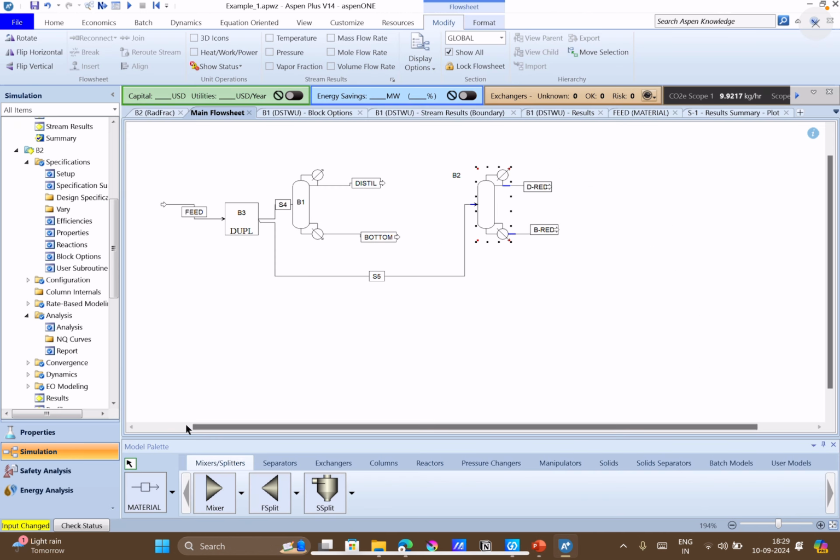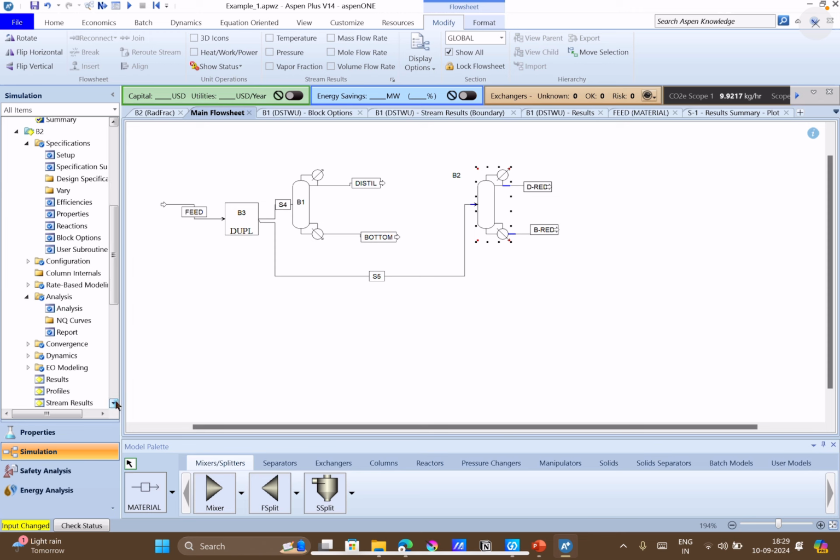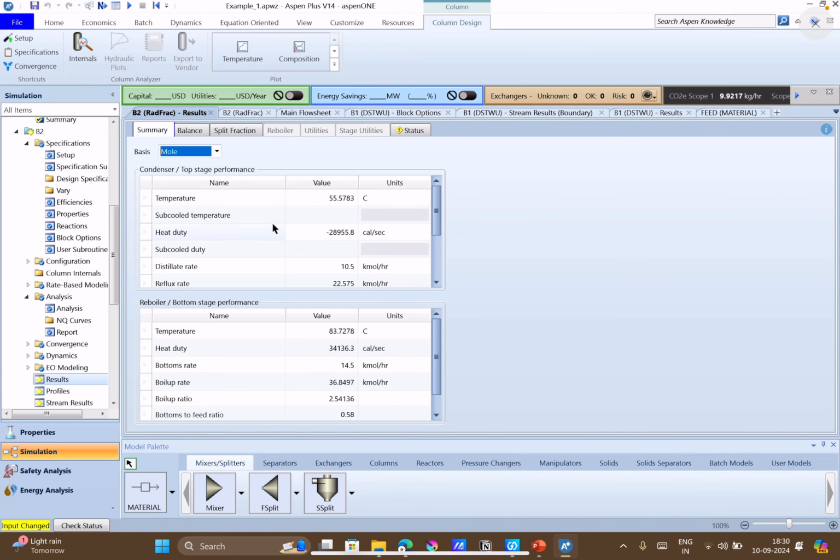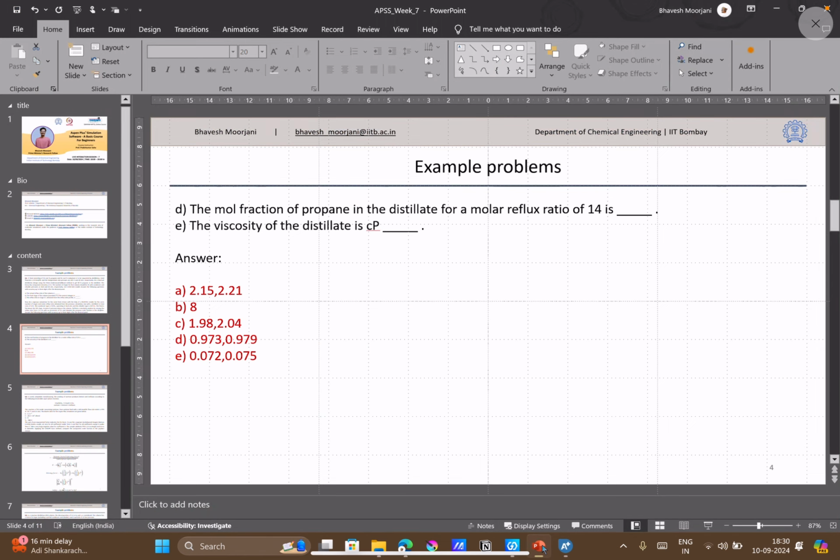Now here the reflux ratio that we have selected, if you go into the B2 column results, the current reflux ratio is 2.15.